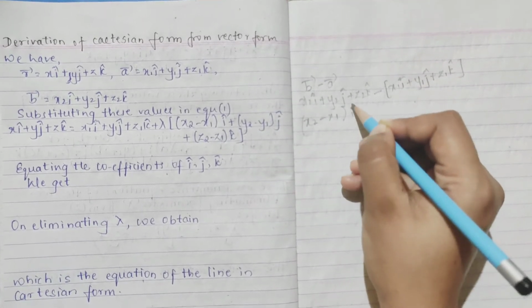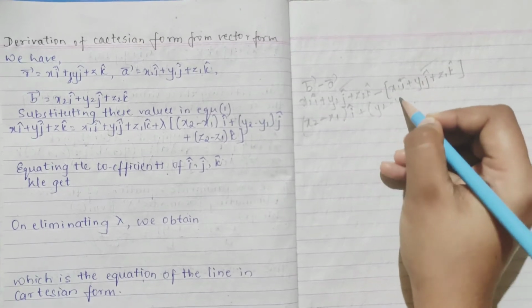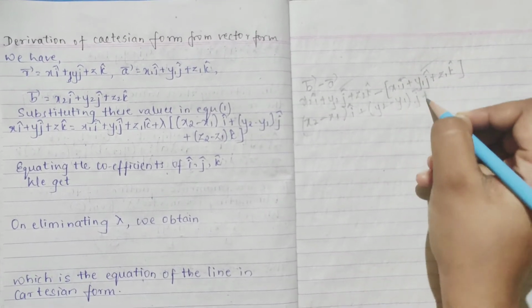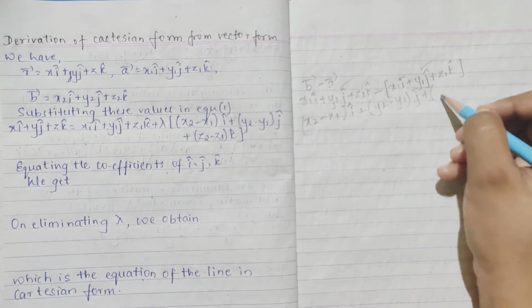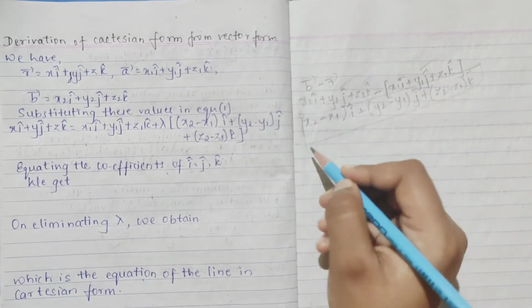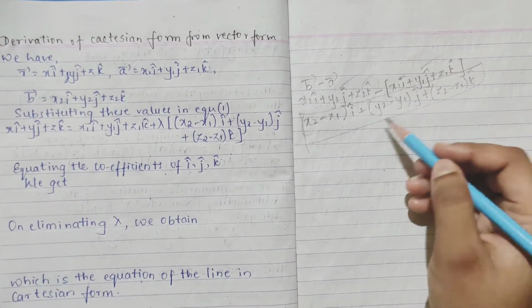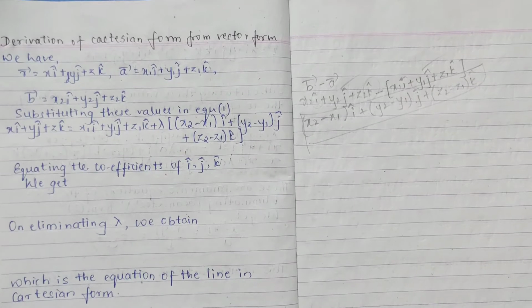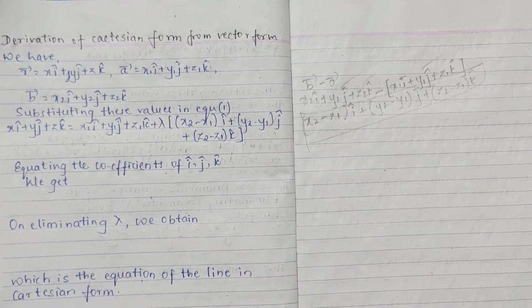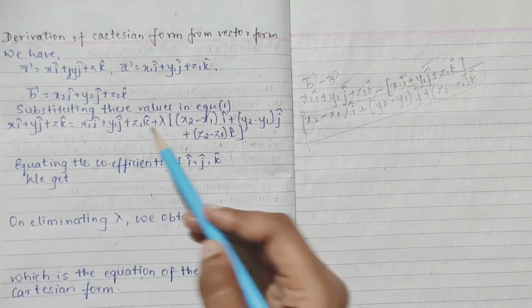You get i cap, plus then for j cap you get y2 minus y1 j cap, then plus z2 minus z1 k cap. So the same, only I have written it directly, since this consumes time. Understood? Hope it is clear. Now what you have to do is equate the coefficients of i, j, k, right?